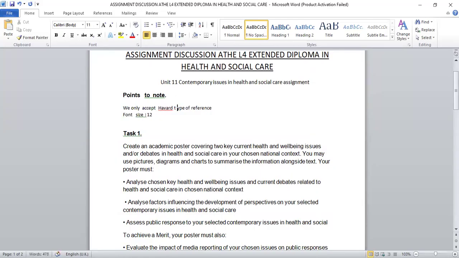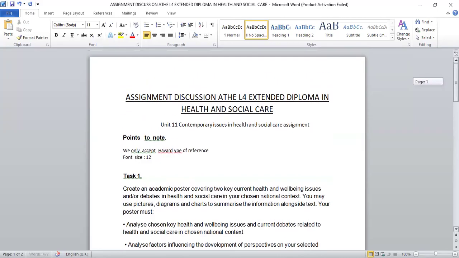One of the first things you need to note is that your assignment should be in PDF form or in Word form. However, the font size should be 12. Okay, your font size should be 12. Preferably you can use Arial.